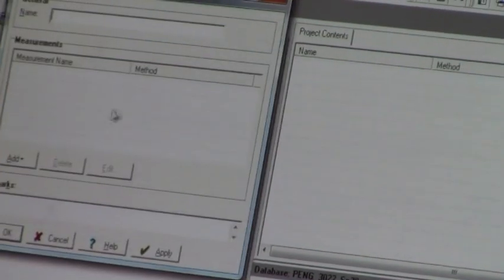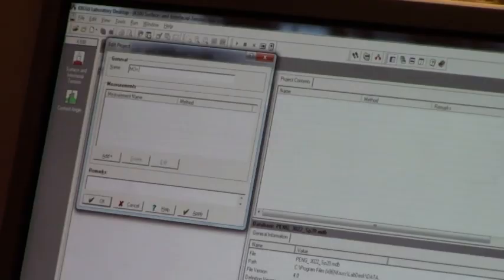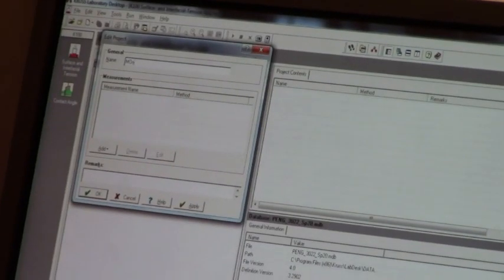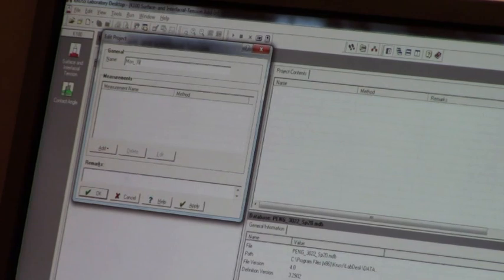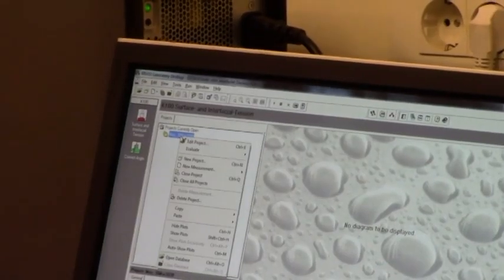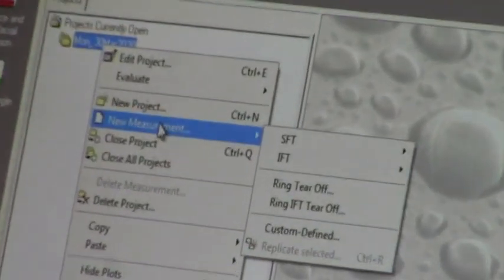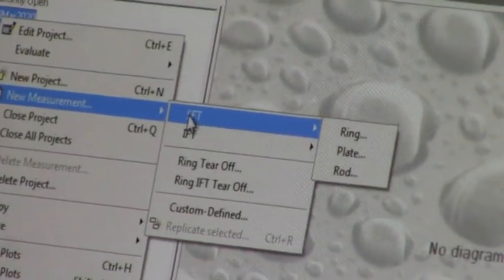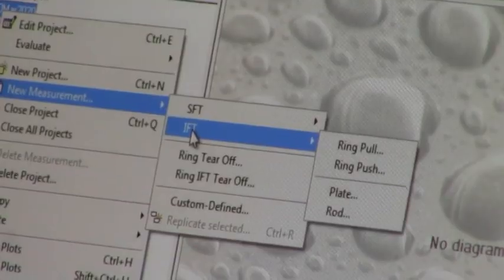Actually, I make a folder for today, which is Monday, March 2020. And in this folder, I can go to new measurement, surface tension, SFT, and interfacial tension, IFT.